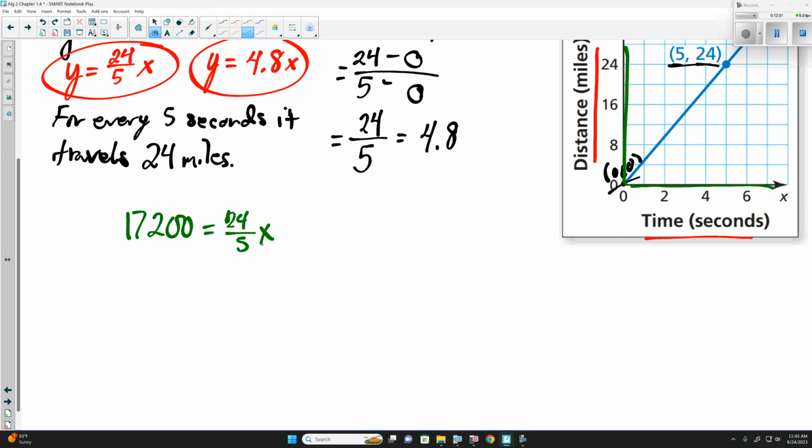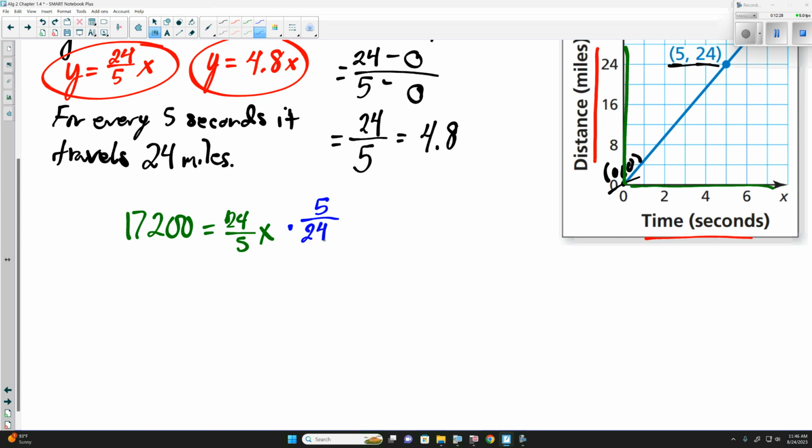Is there any chance that the value of x is going to be 10? No, I mean, we're trying to make 4.8 become 17,200. It's going to take a little bit longer than that. Now, what do we need to do to get x by itself? Yeah, we can multiply by 5 over what?